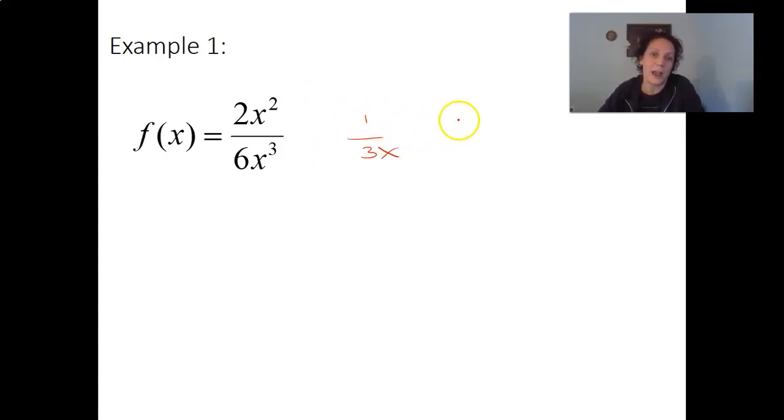You could rewrite that as 1/3 x to the negative 1. Now, you probably don't want to do that because you hate two things, fractions and negative exponents. But you could reduce that, rewrite it, and get, when you do the derivative, negative 1/3 x to the negative 2, and be done. Right? But again, why would we do that when we could be so extra and use the stinking quotient rule?